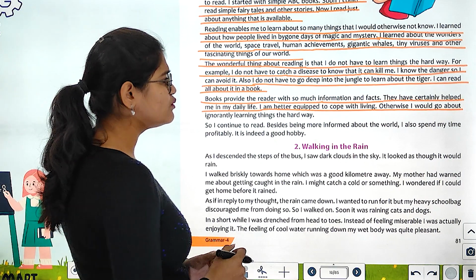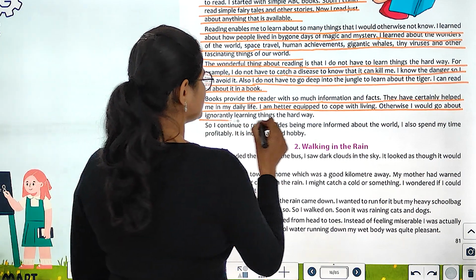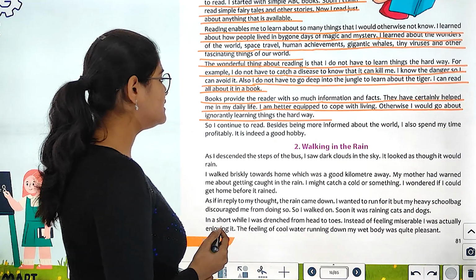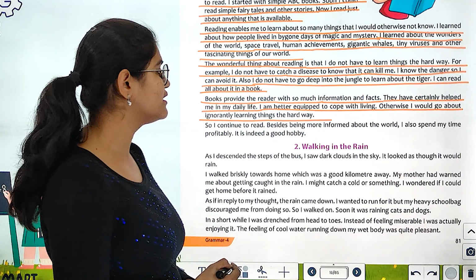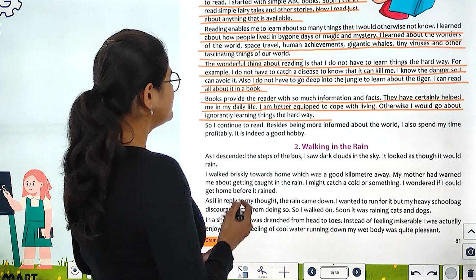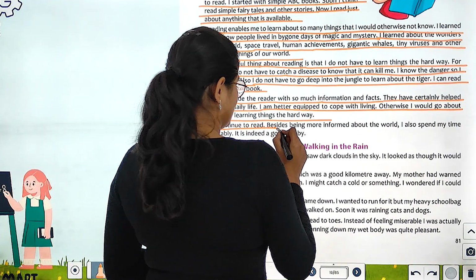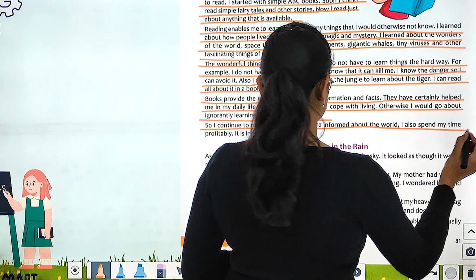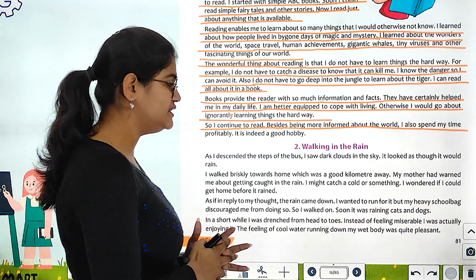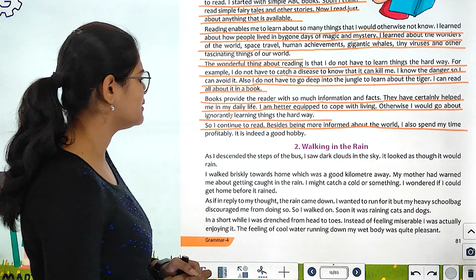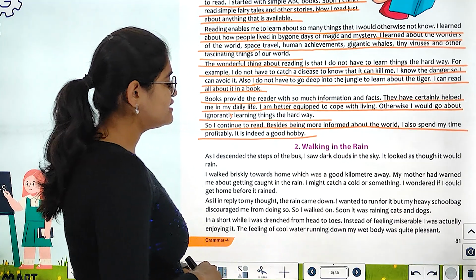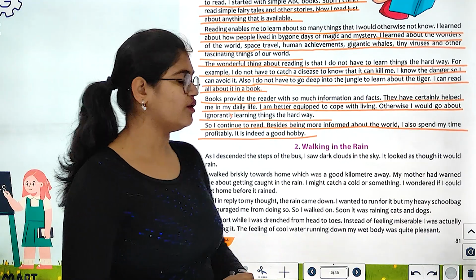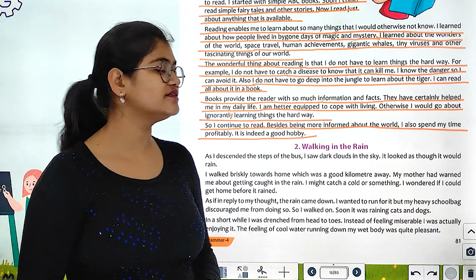Otherwise, I would go about ignorantly learning things the hard way, right? So I continue to read. Besides being more informed about the world, I also spend my time profitably. It is indeed a good hobby, right?